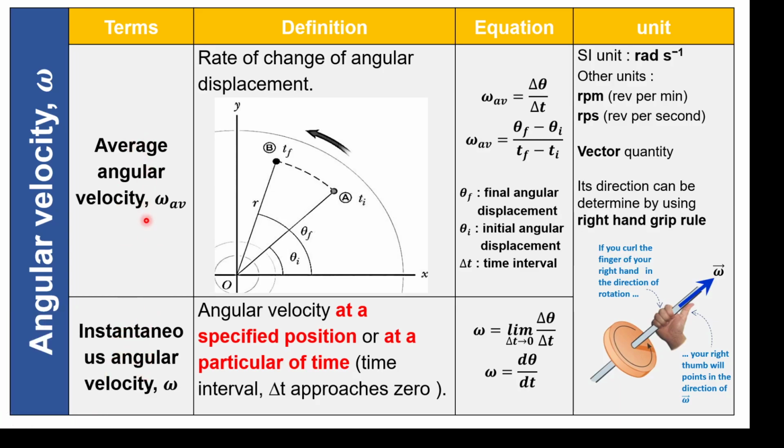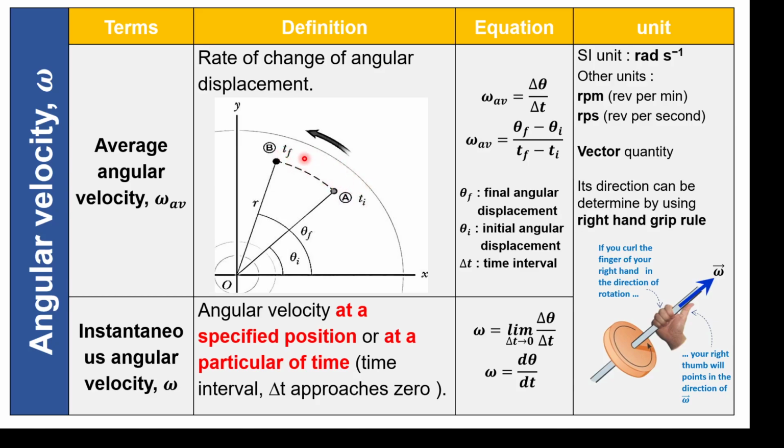What is the difference between average angular velocity and instantaneous angular velocity? Let's look first at the average angular velocity. The definition of average angular velocity is the rate of change of angular displacement. Let's say you have an initial angular displacement and a final angular displacement.